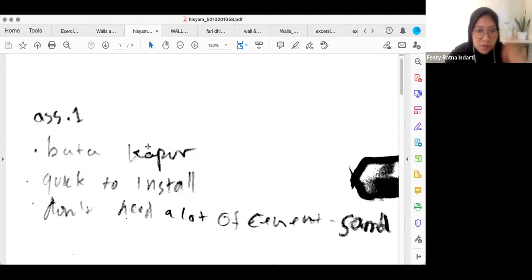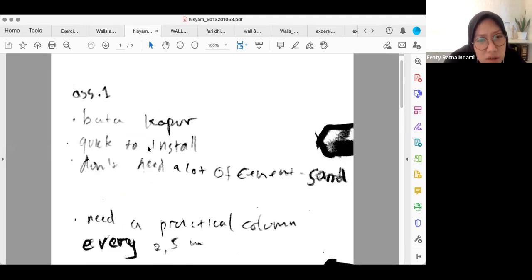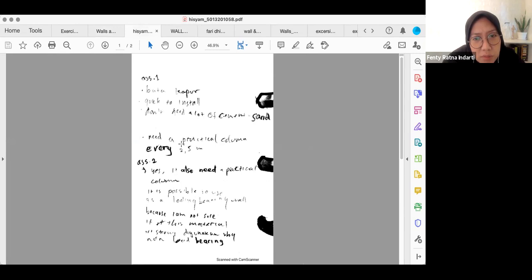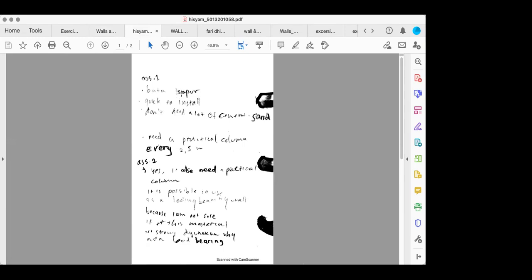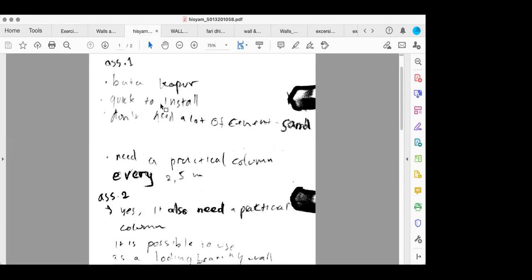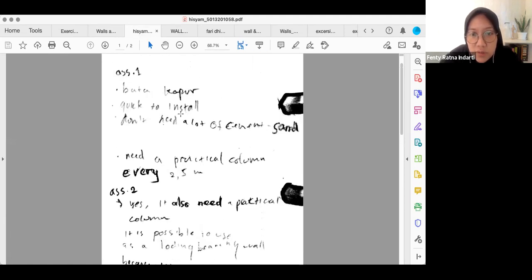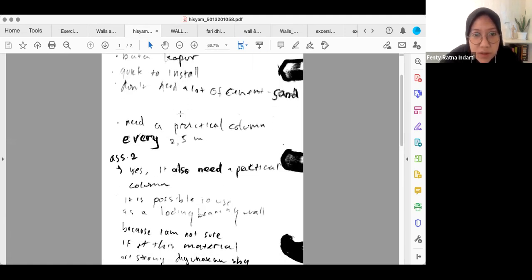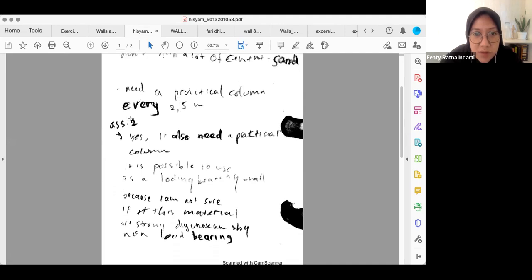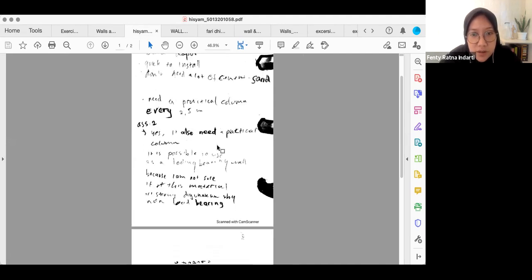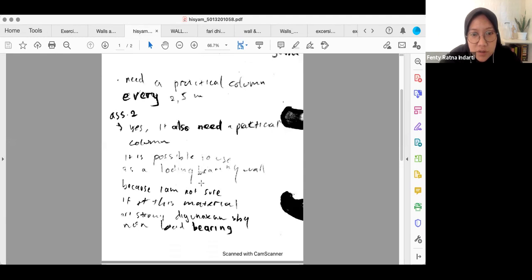This one is Hisham's. Bata kapur, lime brick. All right. Going to install, don't need a lot of cement and sand, need a practical column. It's a load bearing wall, because I'm not sure.